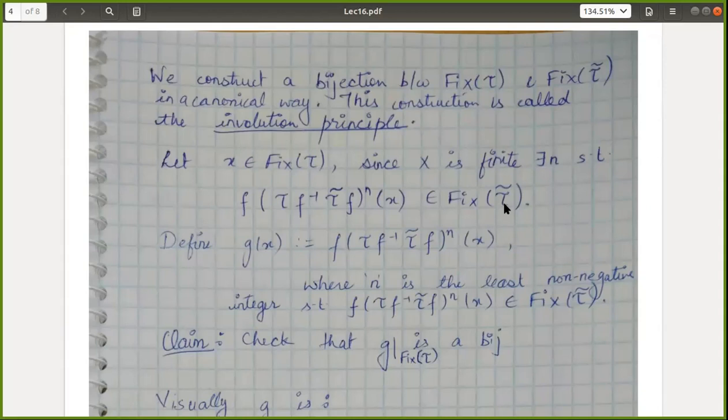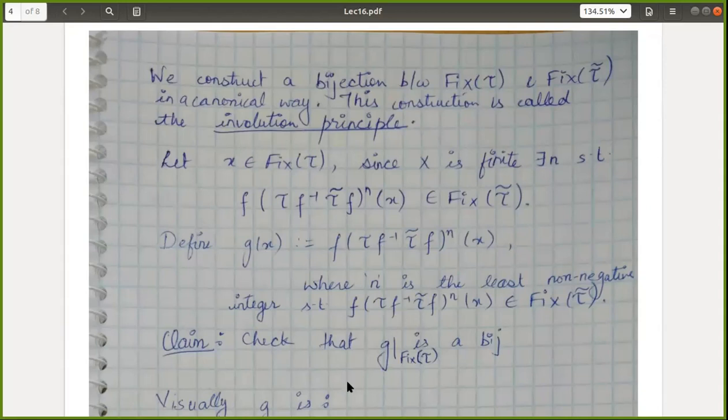Correct? So the first time it hits the fixed point set, that is how you define your function g of x. So g of x is defined to be f of this entire function applied on x, where n is the smallest non-negative integer such that this lands in the fixed point set of tau tilde. Check that this way of defining g on the fixed point set of tau is a bijection, and then we are done, right?